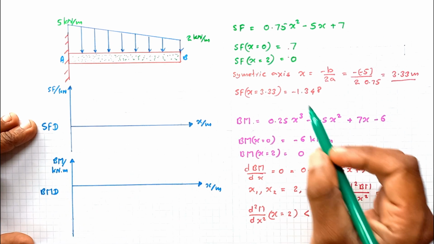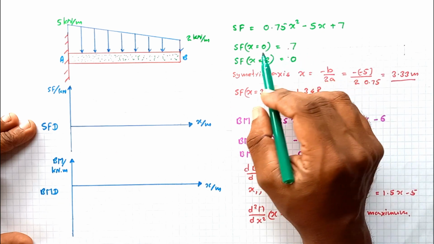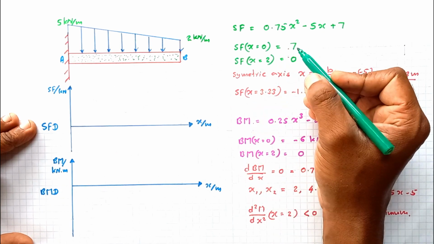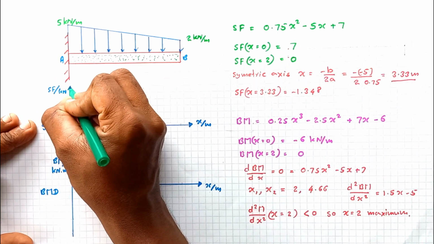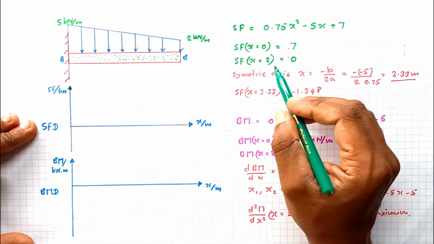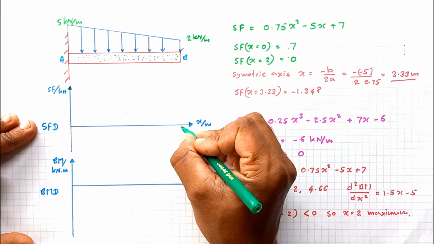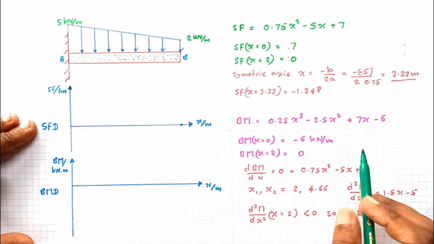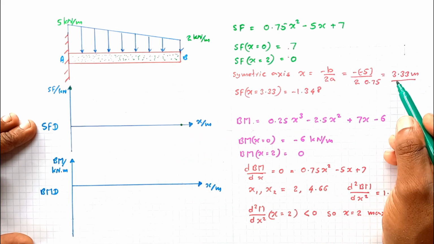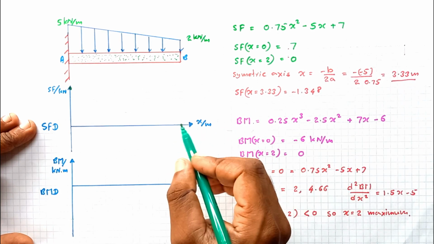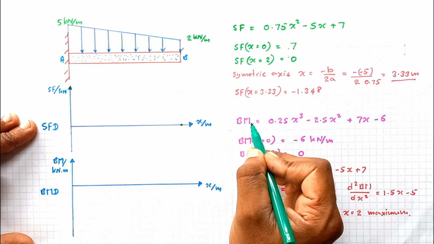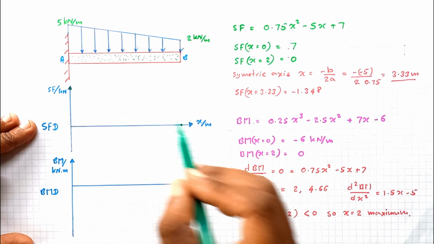Okay, let's start with the shear force. Shear force at x equal to 0 is 7, somewhere here. Then shear force at x equal to 2 is 0. Then the shear force at x equal to 3.3, somewhere in this position. Here is a 2 meter length.